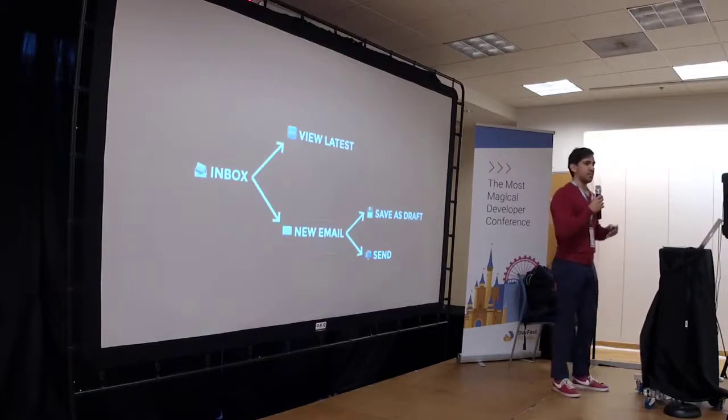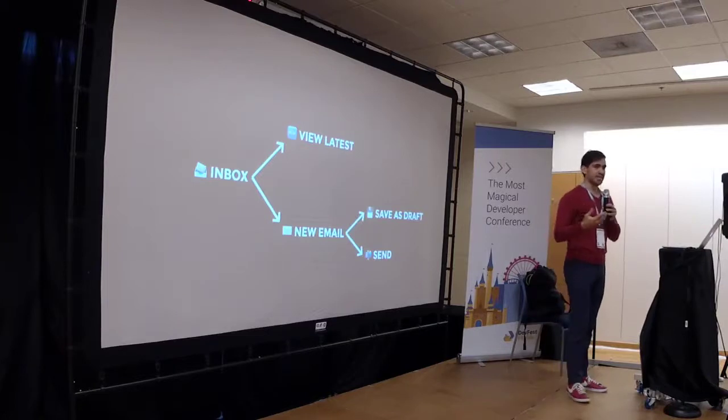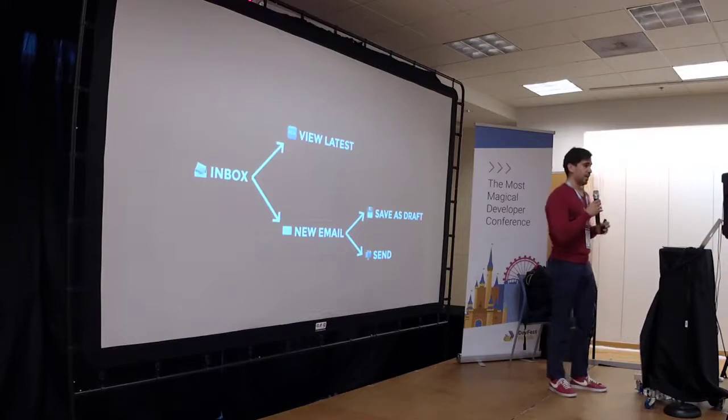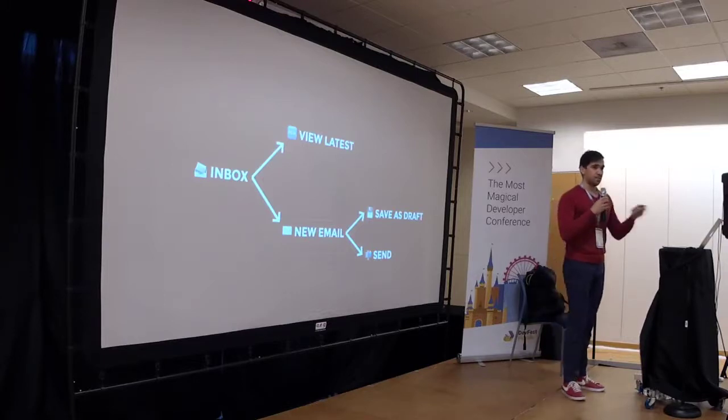So consider that you're making some sort of inbox application, right? There are many different paths that you could take. We could view the latest emails, or we could compose a new email. We could save that email as a draft when we compose it, or we could send it right away. Now, users might exhibit different behaviors in this inbox app.